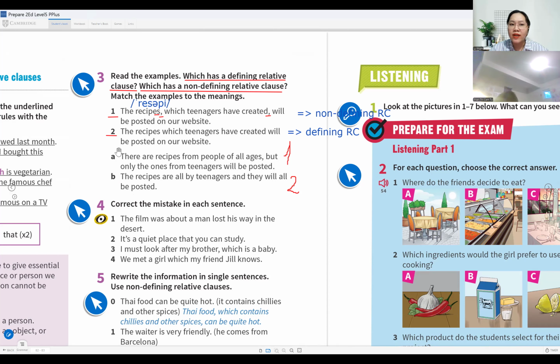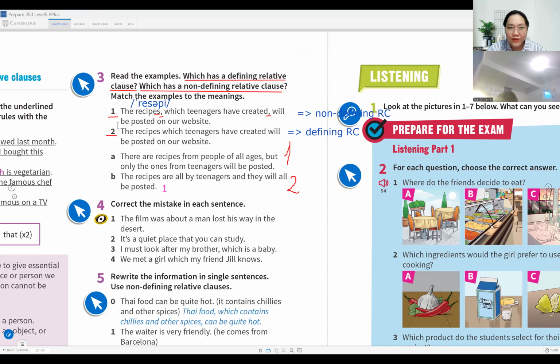So I think number 1 should be sentence B here. The recipes which teenagers have created means all by teenagers, so we don't need this information. Because we don't need it, it's not very important. It is unnecessary. So that is 1.